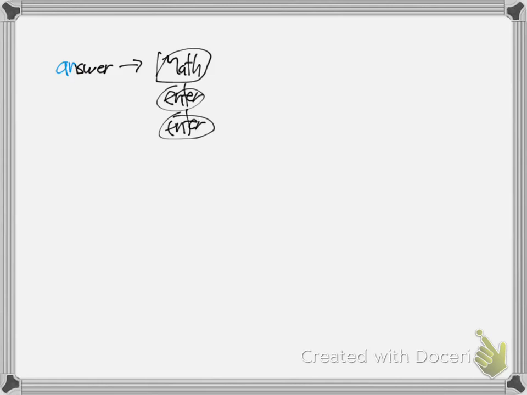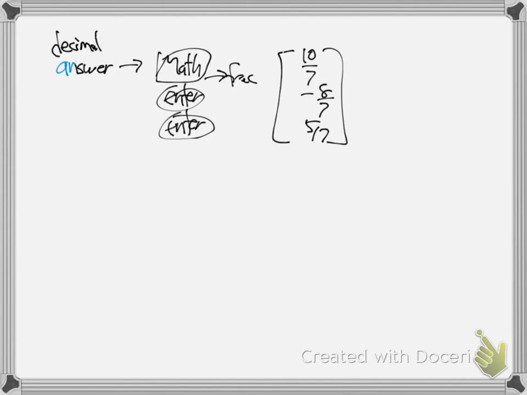What that does is it changes everything to fractions, because you'll have decimals at first. So you hit math, the first thing is change to fraction, and you just hit enter, and enter again. And it changes the answer to that matrix as fractions: 10 sevenths, minus 8 sevenths, 5 sevenths.